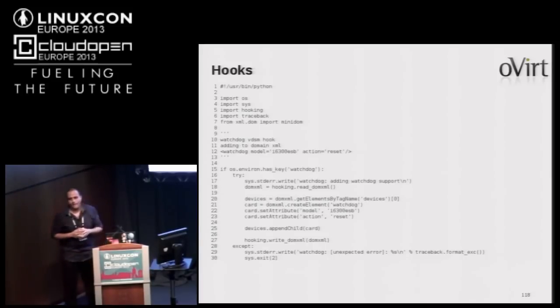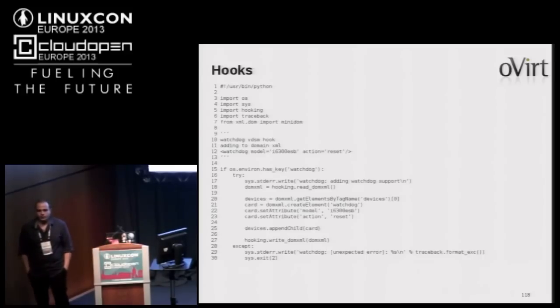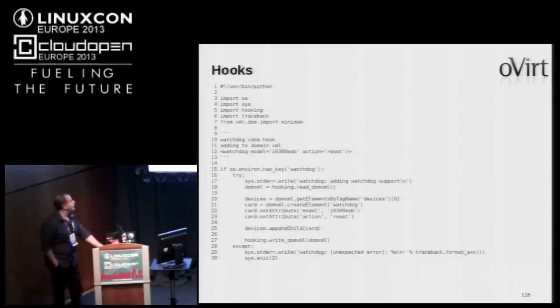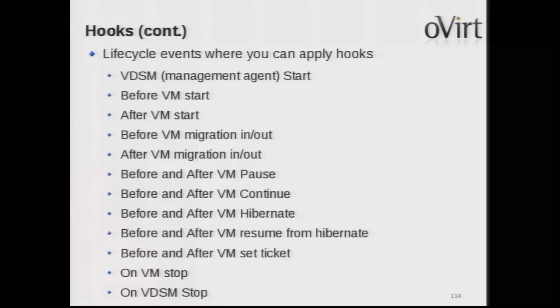And the hook will be deployed automatically by the engine? No. You need to put the hook manually on the relevant host. And if the VM migrates to another host? Then when the VM migrates, you have a before and after VM migration event.